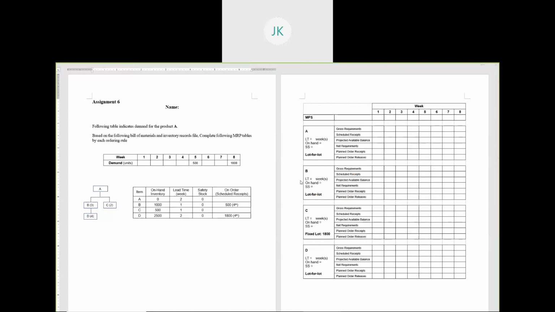Assignment 6 from chapter 9, MRP system.